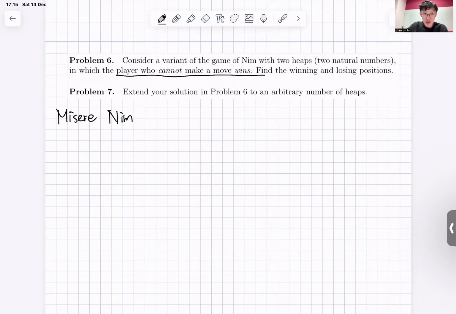The losing player is the one that is forced to make the last move. So we can see that a player who reduces the last number to 0 is going to lose, because if he reduces the last number to 0, then the other player cannot move, then the other player wins.